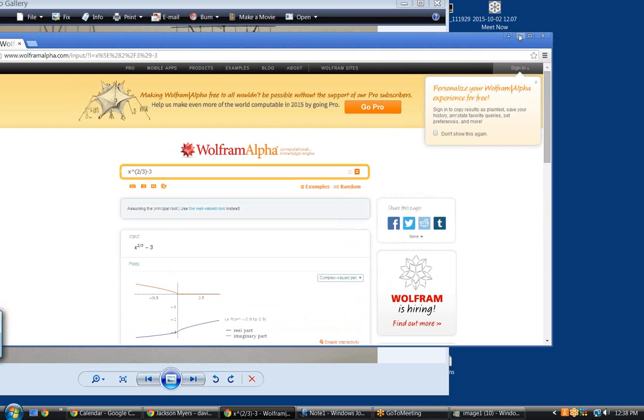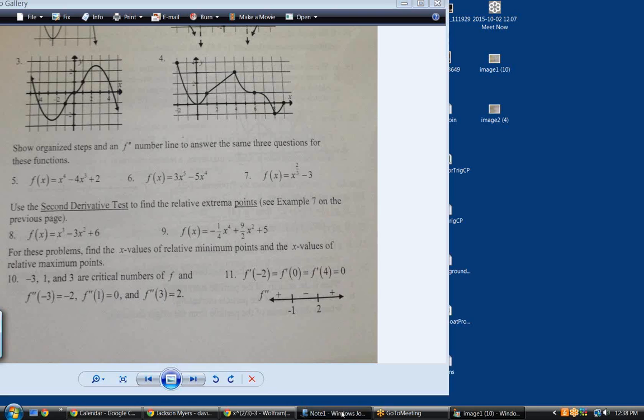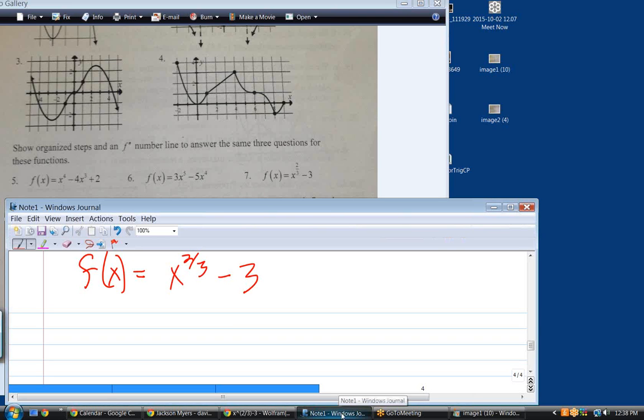All right, so let's go back and take our derivatives. What's the first and second derivative here? First derivative is 2/3 x to the negative 1/3.